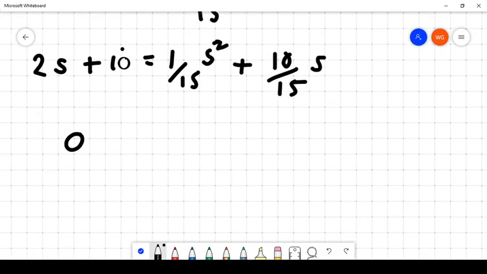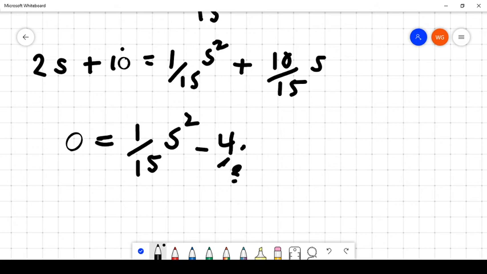We have 0 is equal to 1/15 S squared. Okay, and then now we're going to have 10 over 15 minus 2, so 10 over 15, okay, minus 2. So that's going to give us negative 4/3 S, negative 4/3 S. That's a 3, sorry about that. Okay, so negative 4/3 S minus 10. Right?